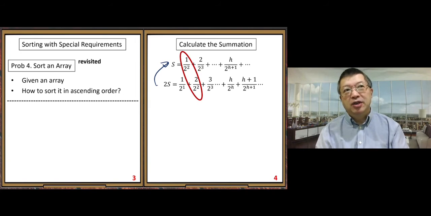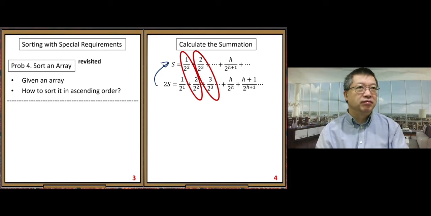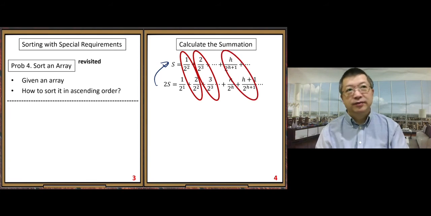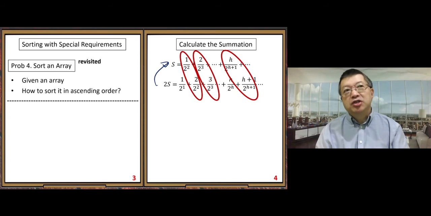So we can do subtraction easily. Similarly, the next pair of like terms, we combine them because they have the same denominator, and so on, all the way to the end, if there is an end, because for an infinite series there is no end, right? But we know this pattern occurs all the way through the tail. Let's say the tail, not the end.